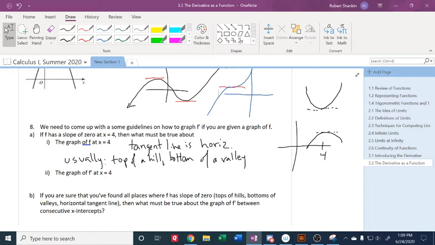At x equals 4, we know that the graph of f has a slope of 0. So it might look like either this, the bottom of a valley, or the top of a hill. And then what must be true about the graph of f prime at x equals 4?